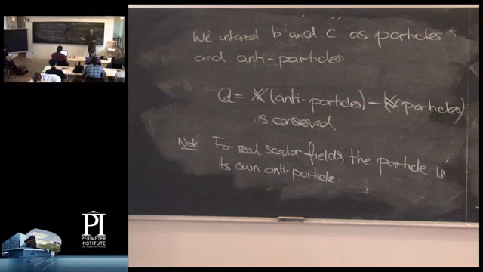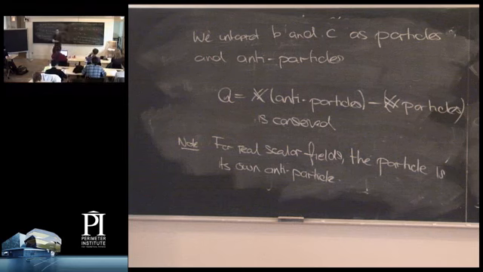For particles that are their own antiparticle, they can just annihilate with each other. And we'll see that usually that's what happens. If you have relativistic interacting theories with real scalar fields, the particles from the real scalar field just don't hang around that long. They typically annihilate with each other. And it's because there's no conservation rule protecting them.